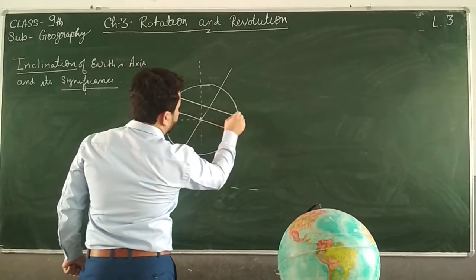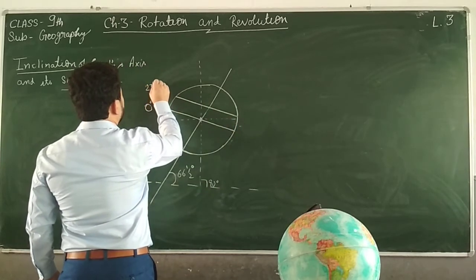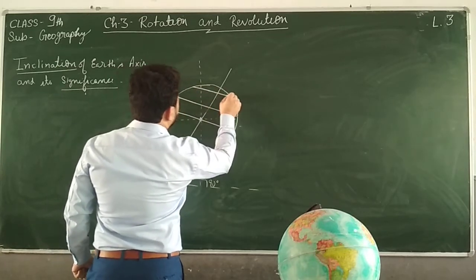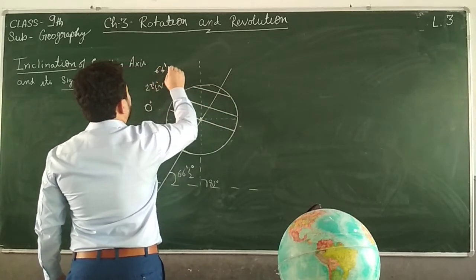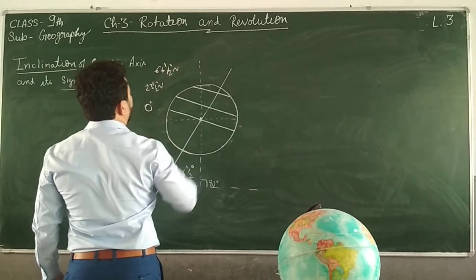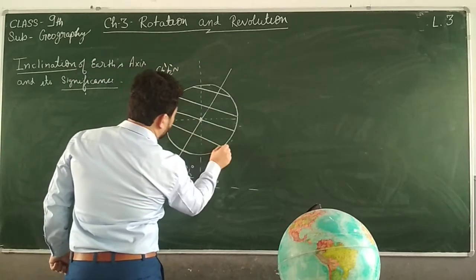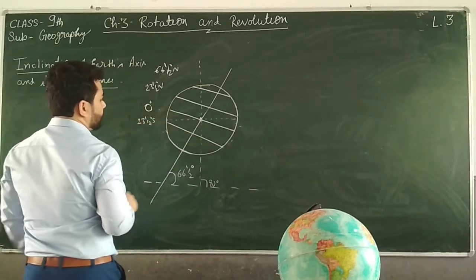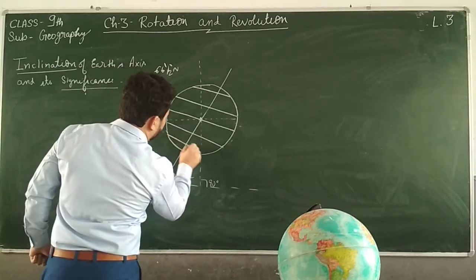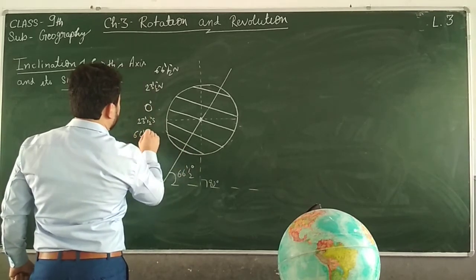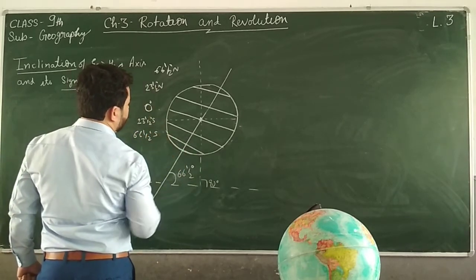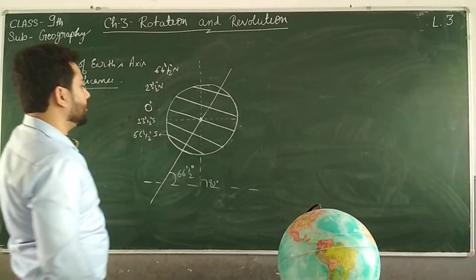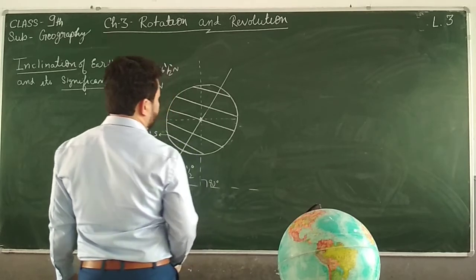Another line, 23.5 degree north, Tropic of Cancer; 66.5 degree north, Arctic Circle; 23.5 degree south, this is Tropic of Capricorn; 66 and a half degree south, this is what? Antarctic Circle. Clear? So in this manner.